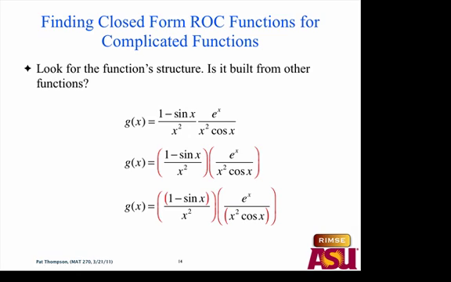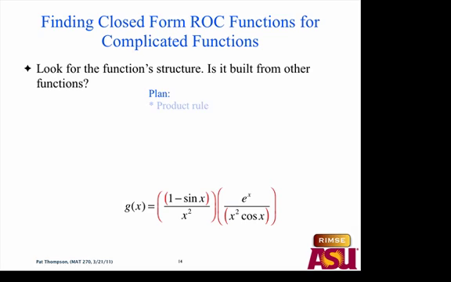Now the rate of change of the second, what is it? Quotient rule. And when we're doing that rate of change, part of the quotient rule will be the rate of change of the denominator. What will that be? Product rule. So you'll have the product rule within the quotient rule, and that quotient rule within the product rule. You see?